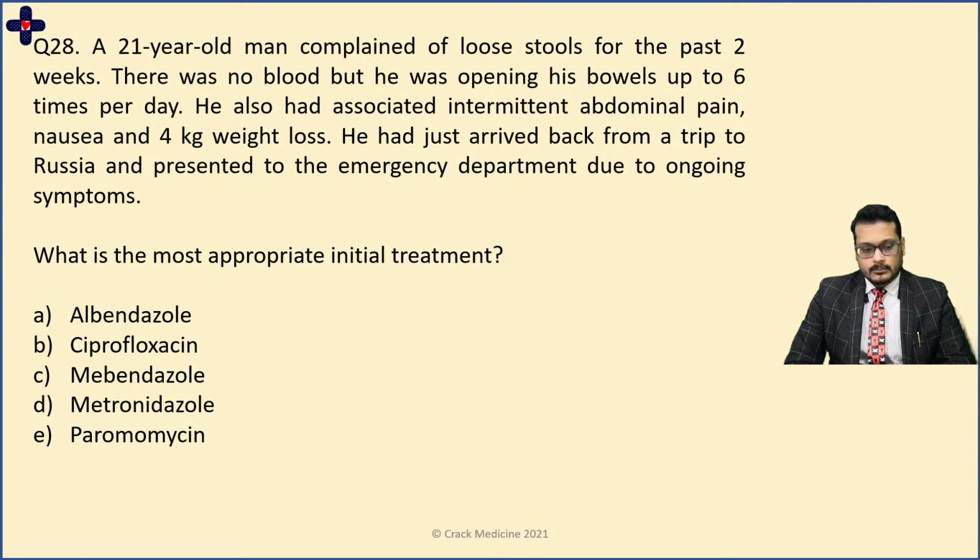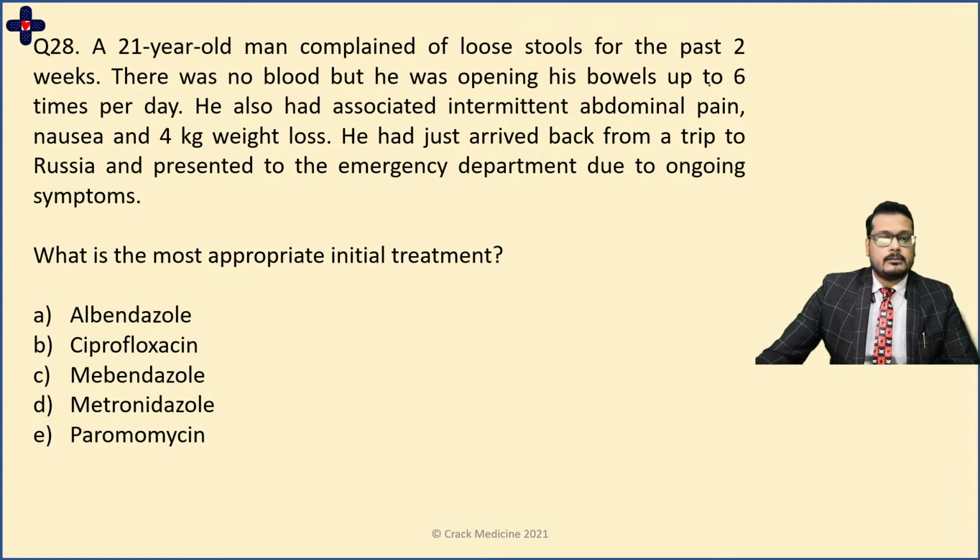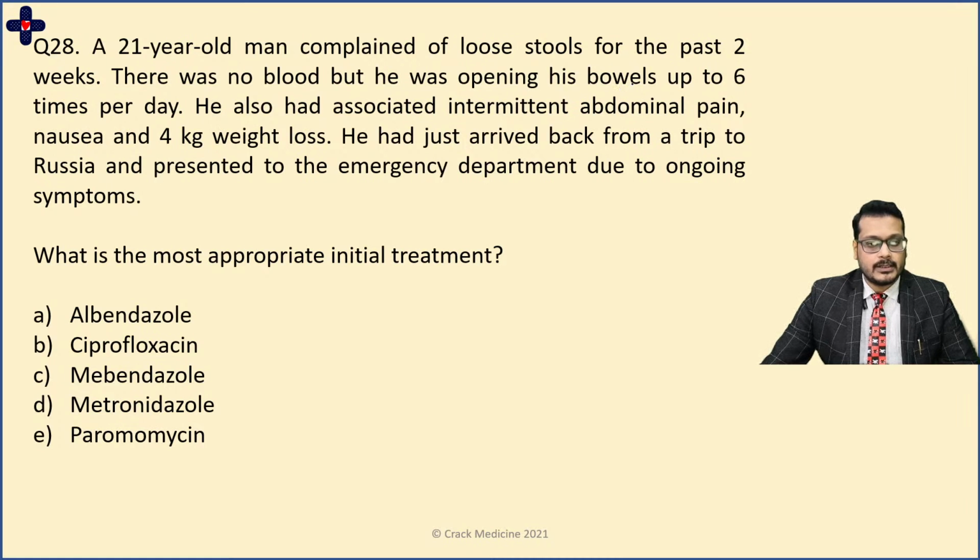Pawan is saying D. Okay, I'll sort of ease it up for you guys. This 4 kg weight loss is the one, I guess, which is causing sort of confusion to you guys. This is a case of traveler's diarrhea, like we have discussed earlier.